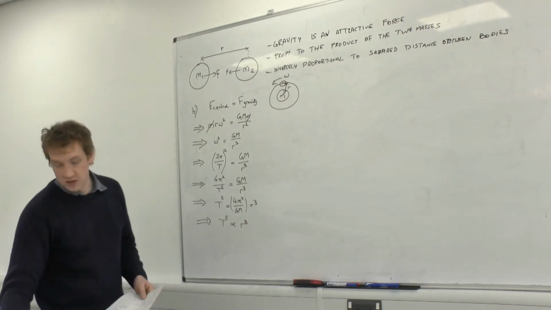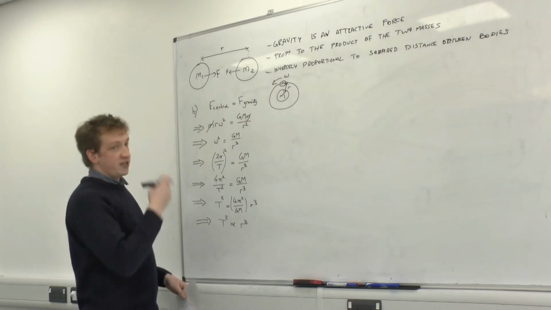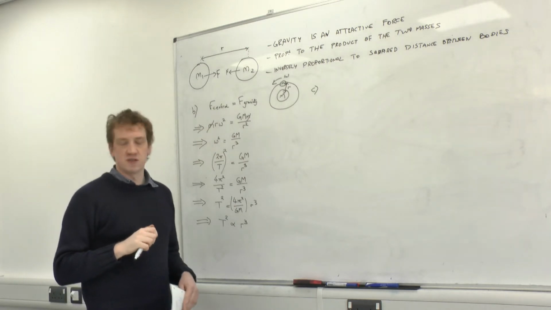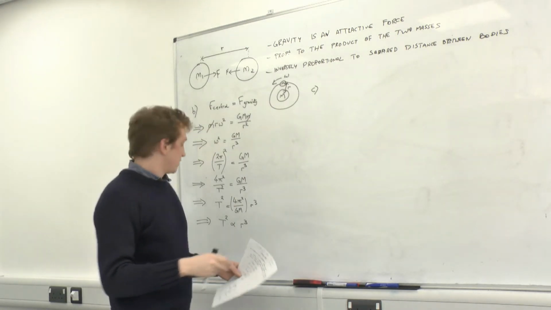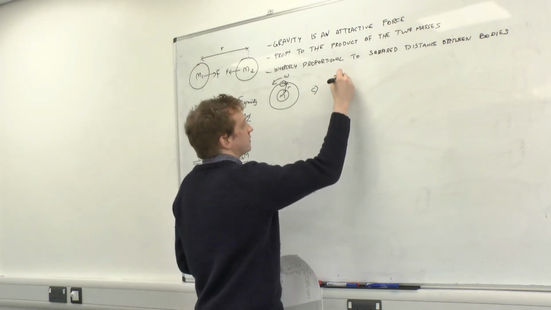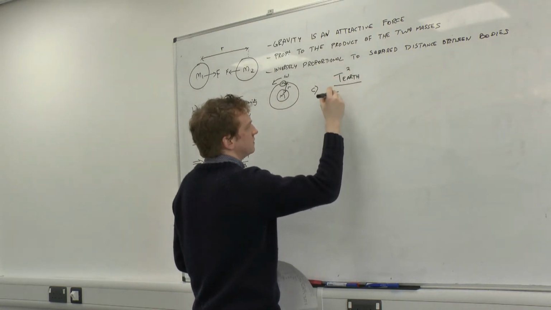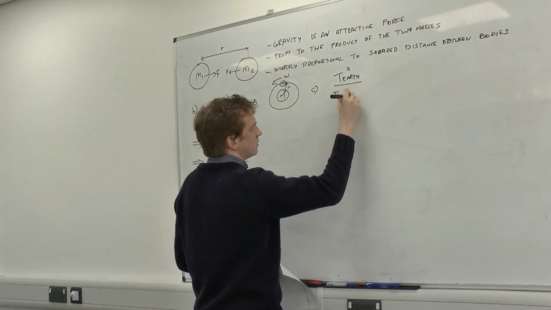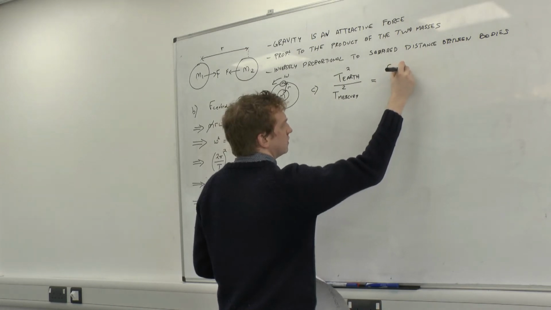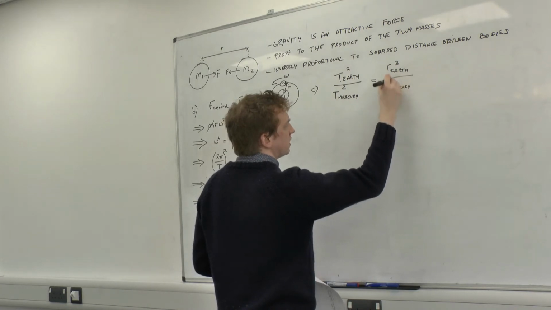The third question is to calculate the length of a year on Mercury, given the distance between the Sun and Earth and the distance between the Sun and Mercury. So using the rule we've just found, T squared is proportional to r cubed, we have the time of an Earth year squared divided by the time of a year on Mercury squared is going to be the orbital radius of Earth cubed divided by the orbital radius of Mercury cubed.